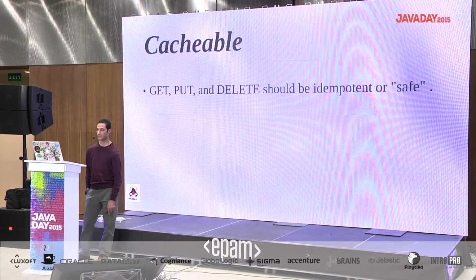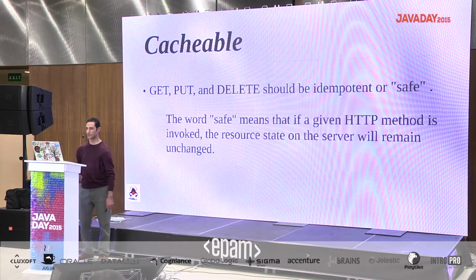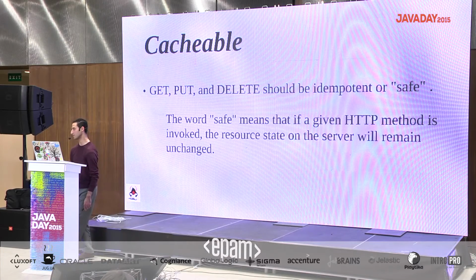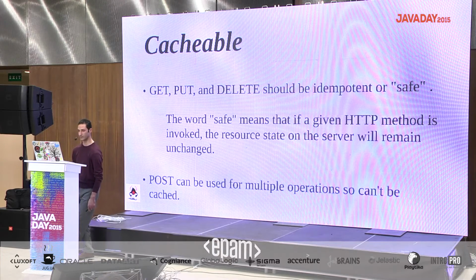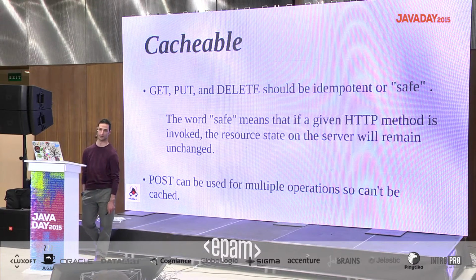There is no change. PUT, where you are editing something, or DELETE, where you are deleting something, could be cacheable. The word safe means that when a given HTTP message is invoked, the resource state of the server will remain unchanged, whenever you invoke it. POST can be used for multiple operations, so it cannot be cached.